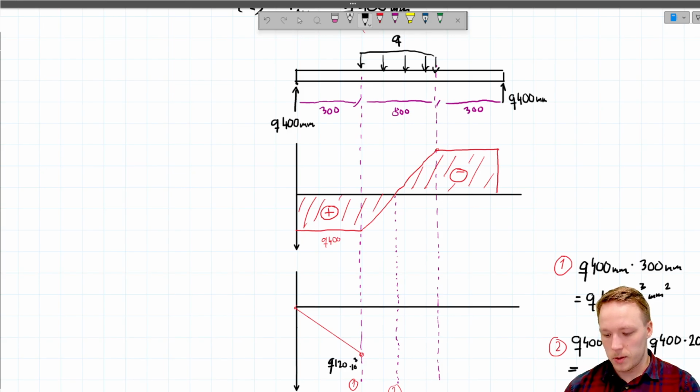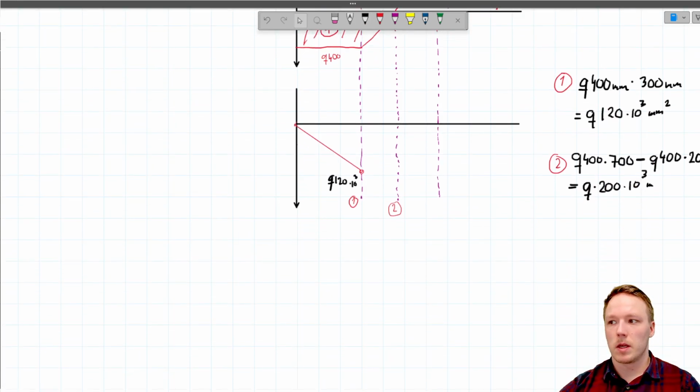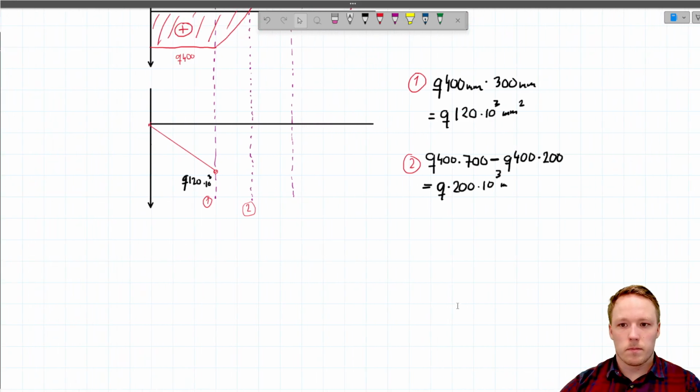And the value here will be Q times 200 times 10 to power 3 millimeters power to 2. So a parabolic curve, and that's where we will land.